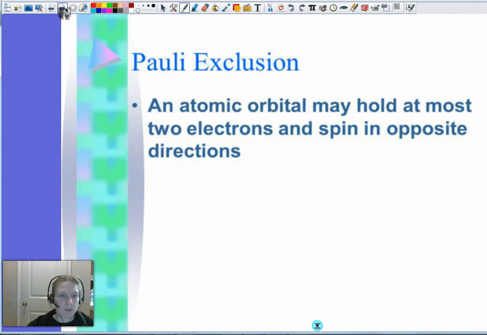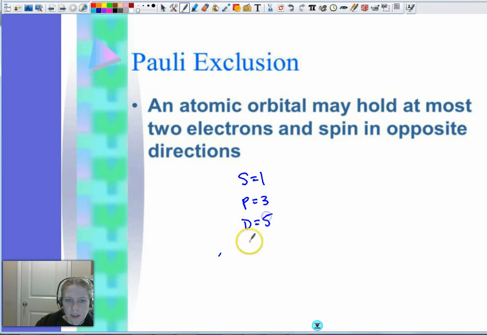The Pauli exclusion principle says that an atomic orbital may hold at most 2 electrons and spin in opposite directions. So this is where I was saying that S had 1 orbital, P had 3, D had 5, and F had 7.